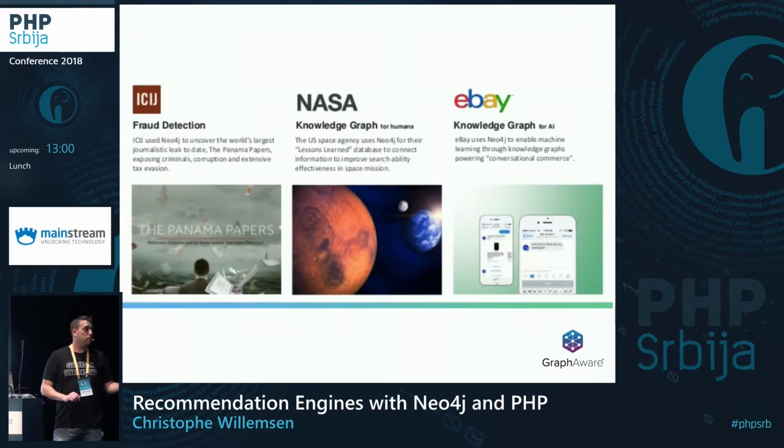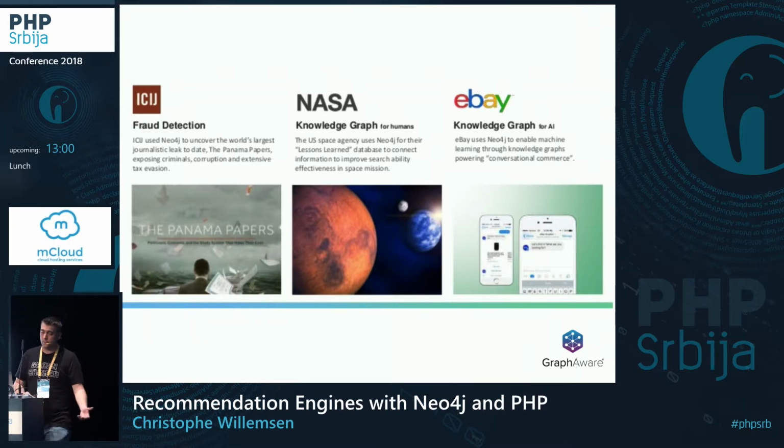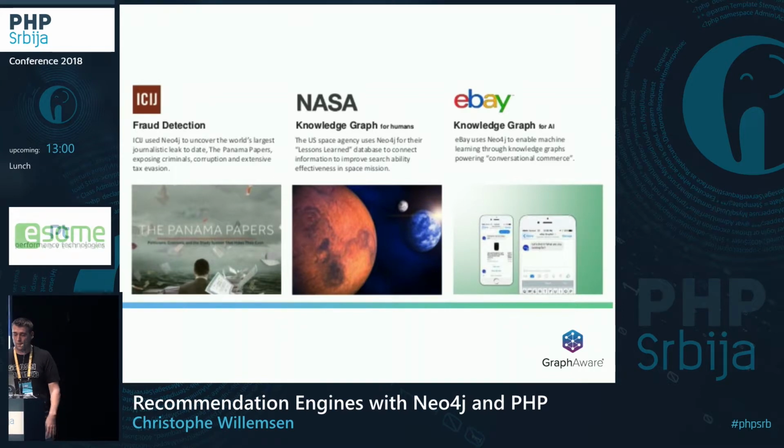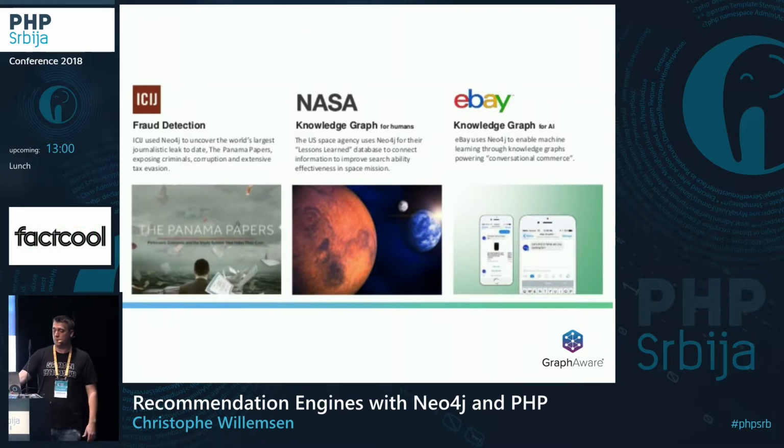Very popular use cases from the news: fraud detection, the Panama Papers, with Neo4j; knowledge graphs of the NASA made with Neo4j; and recently announced last year at Graph Connect, the eBay chatbot, also made with a knowledge graph behind the scenes with Neo4j.